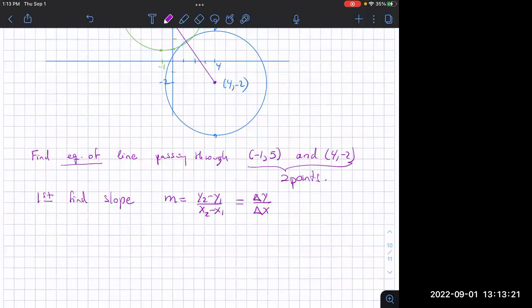Okay, so let's find the slope. So we can call this x1, y1, x2, y2, and then we plug in. So we do y2, -2 minus 5, over x2 minus x1, 4 minus -1. And so what do we get here?